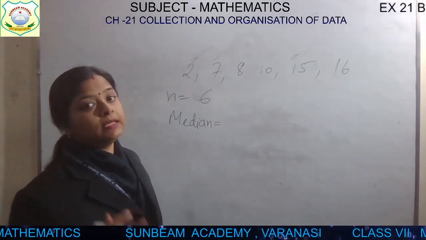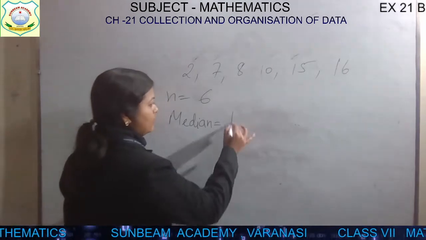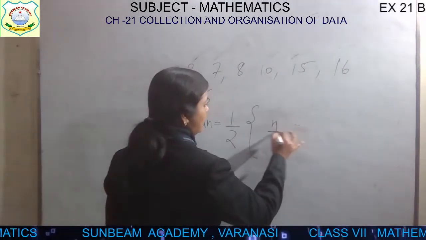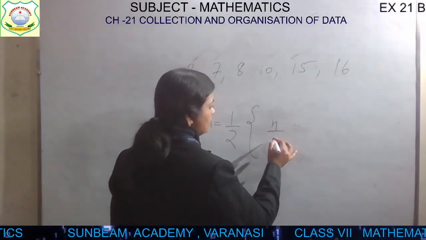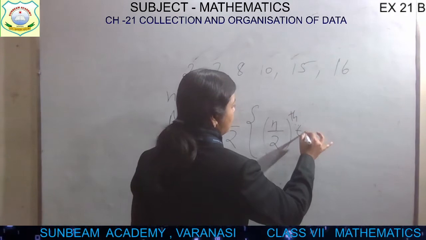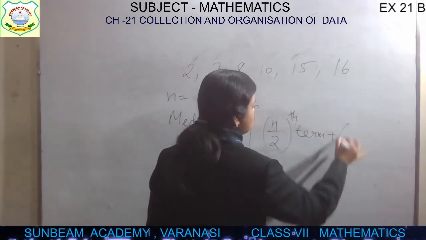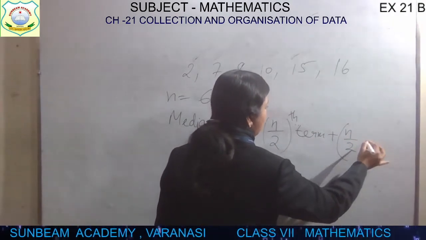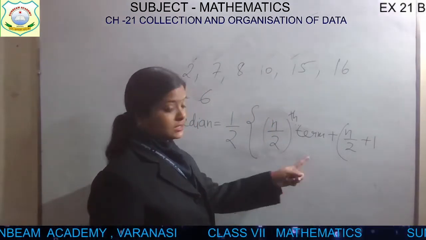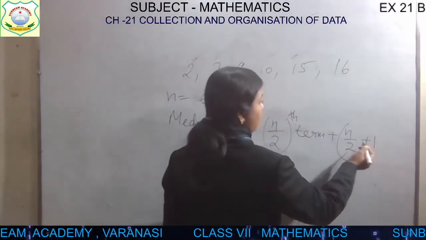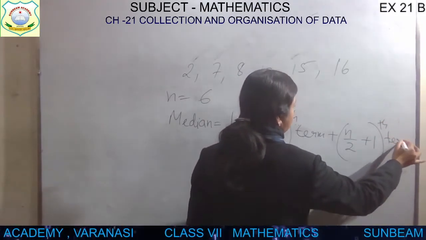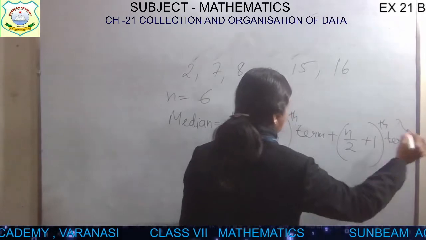So the median for an even number of observations will be this one: half, then n by 2th term plus n by 2 plus 1th term, separately, beta, no need to take it as a 1. n by 2 plus 1 is separate. Then close it.